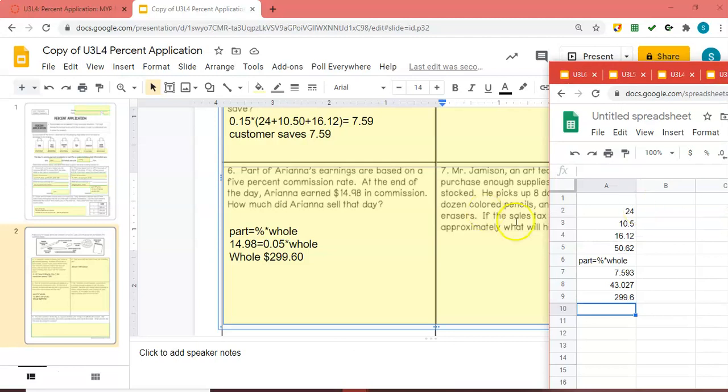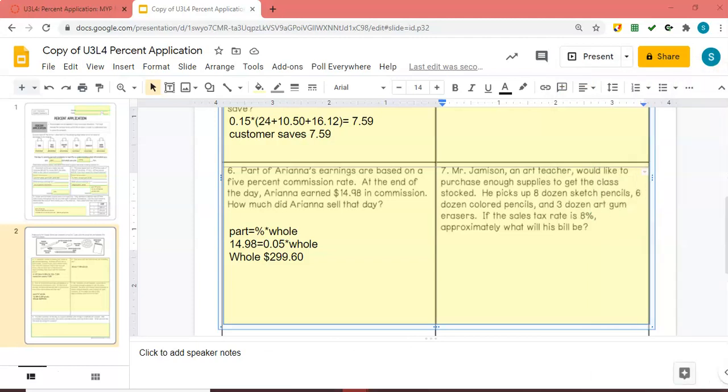First, let's find the cost of the items, right? So I'm going to write these down so that way it's easy for us to remember. I'm going to write these off screen and then pull it over. So we have sketch pencils, and then we had 8 dozen, which is 8 times 12.